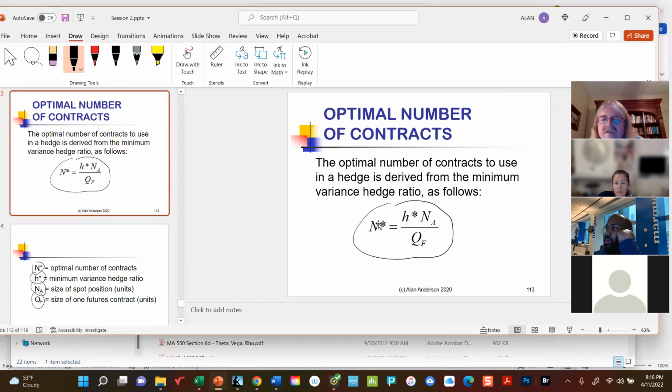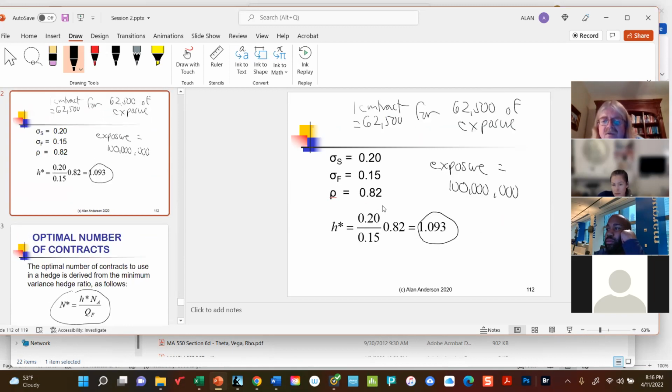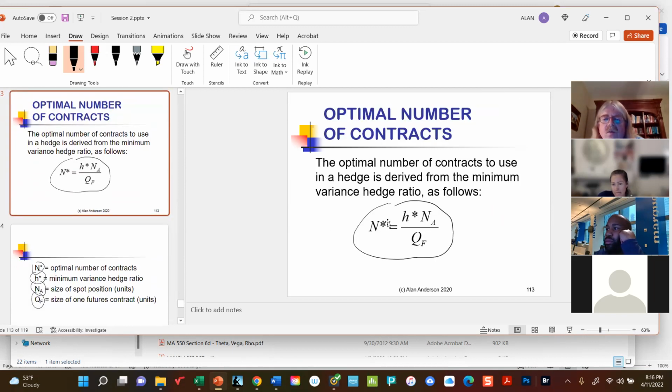The number of contracts that I need comes from this formula. The H star came from this relationship. So what do we have here? The optimal number of contracts is this minimum variance hedging ratio, times NA, the number of units that I'm hedging, divided by QF, the size of a single futures contract.